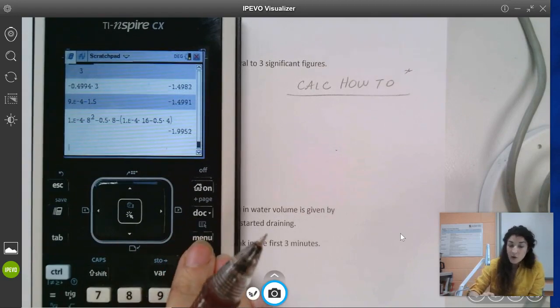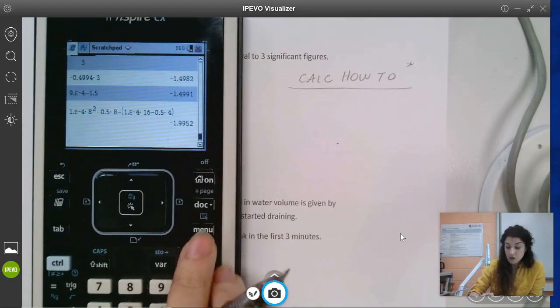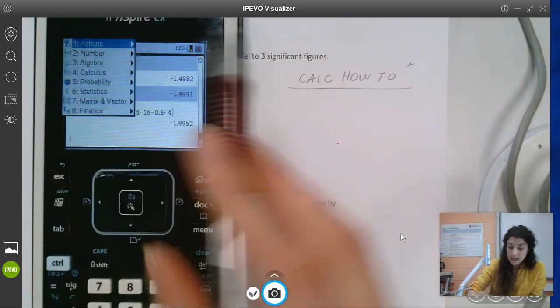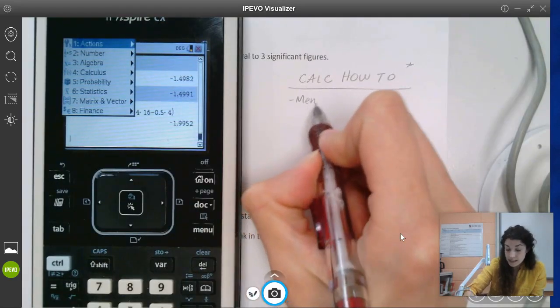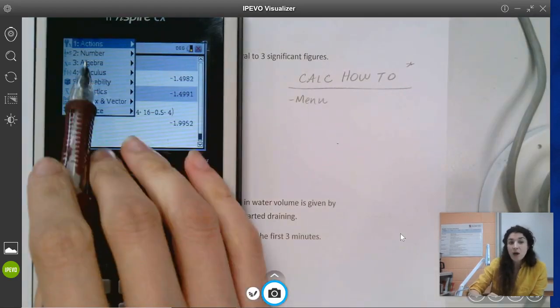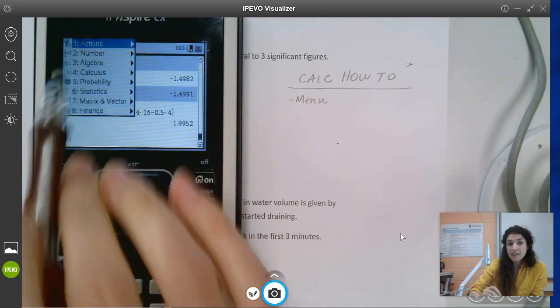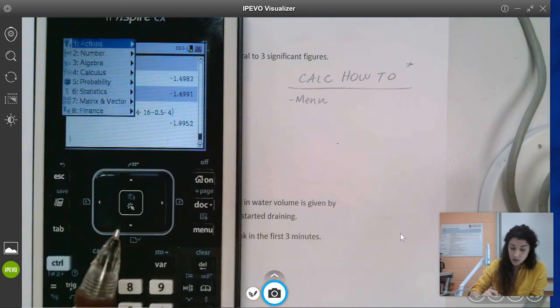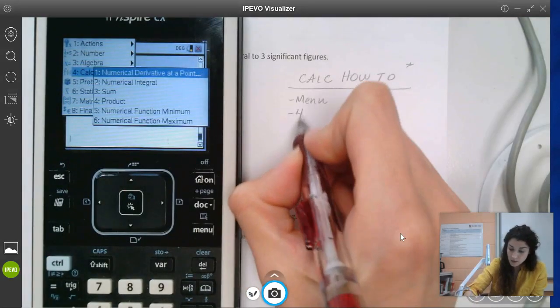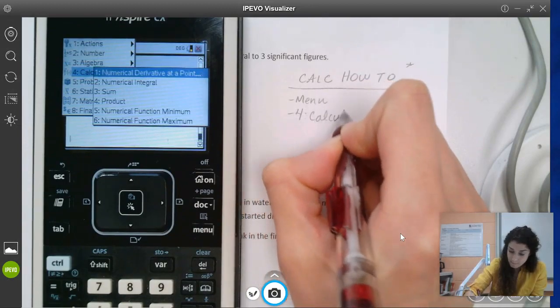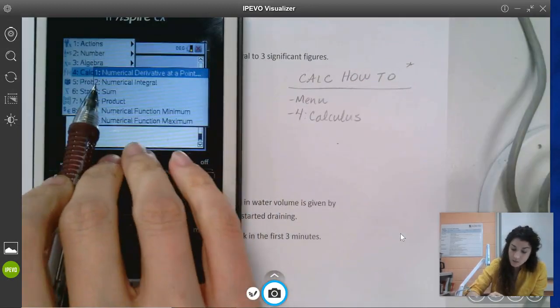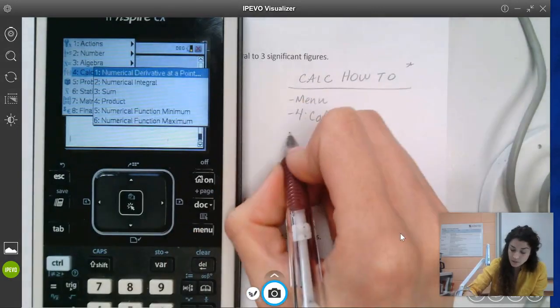So for our TI-Nspires, you would press menu, which is the place that we always start. And then we always have this list. And notice that on this list, we have calculus. So we're going to click on calculus, which is 4. And then we want the numerical integral.